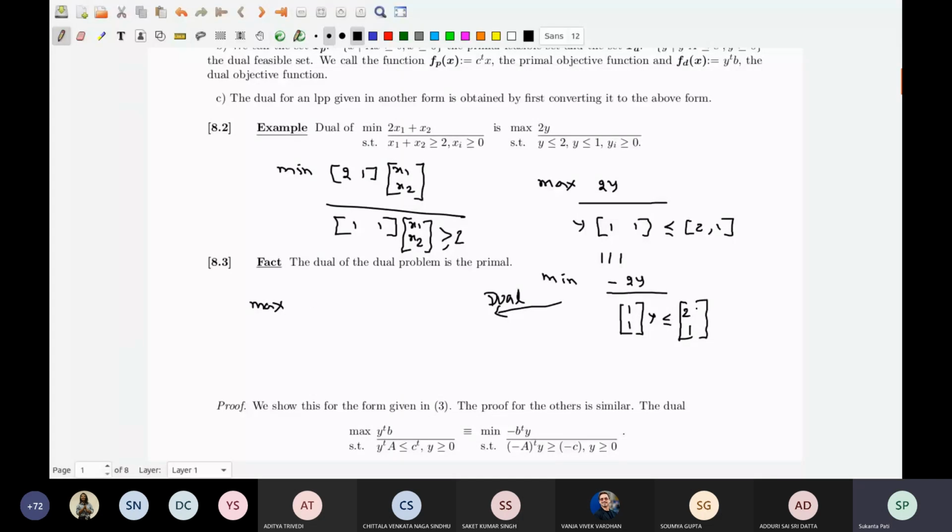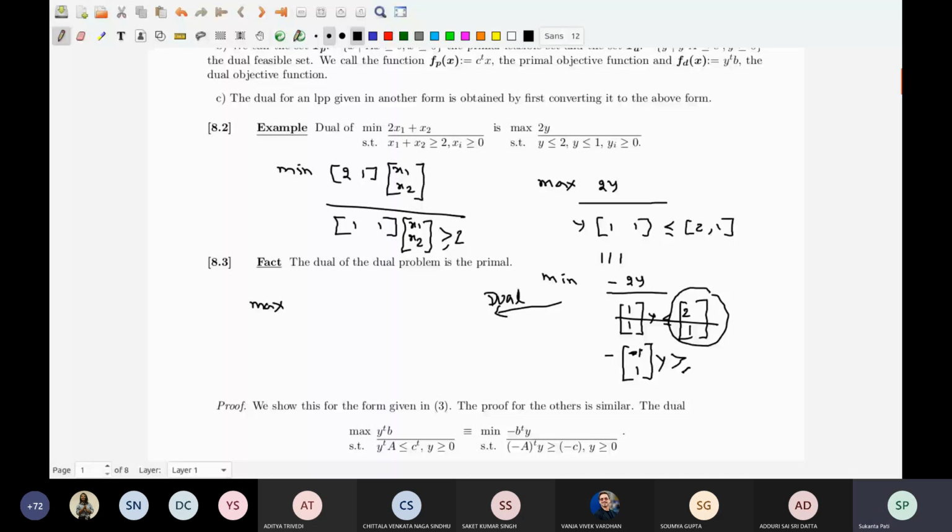B is this one, right? Right now this is b. Oh, sorry, I have not written, I should not write this one, I should write minus (1 1) y greater than equal to minus (2 1), that way. I have to write it in that format.